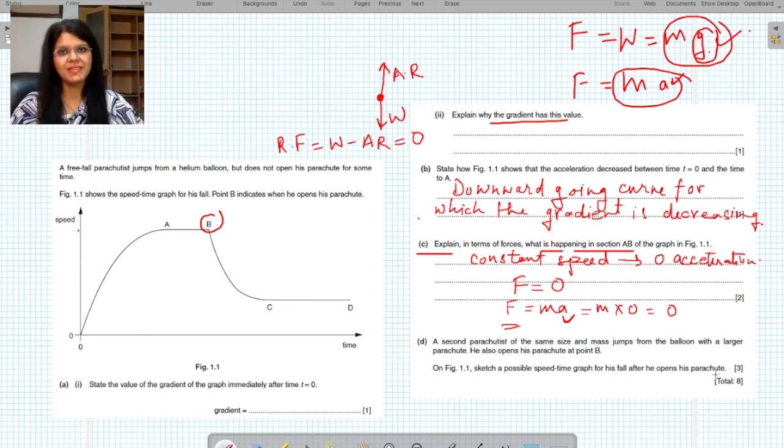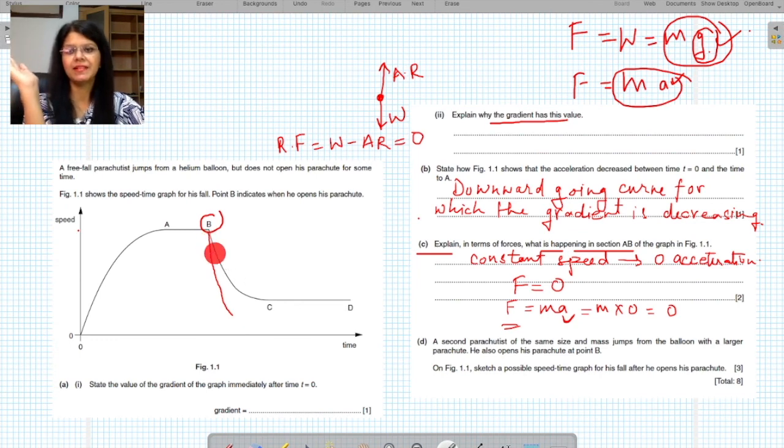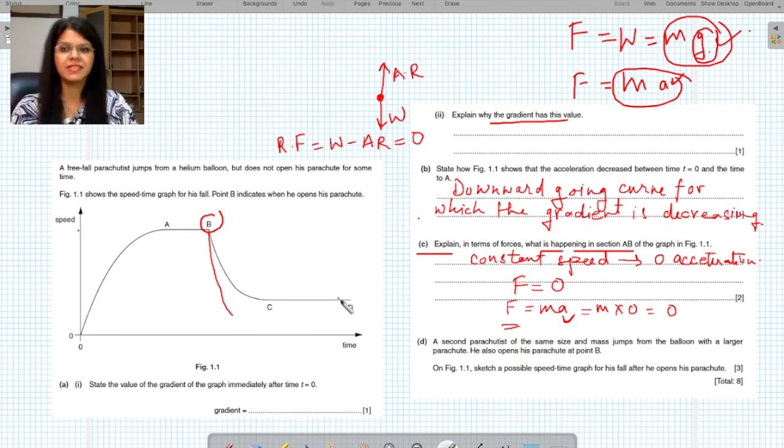Larger parachute means there'll be a greater air resistance, so there'll be a more sudden drop in the speed. If you see, this line that I have drawn here is steeper. The earlier line was inclined, this is a more sudden drop. And the terminal velocity that you reach ultimately will also be a lower terminal velocity.